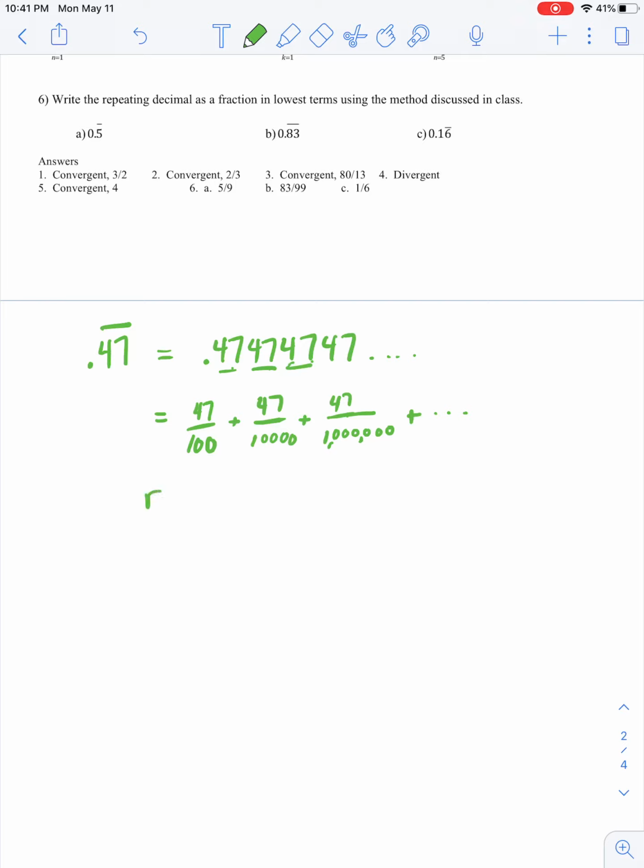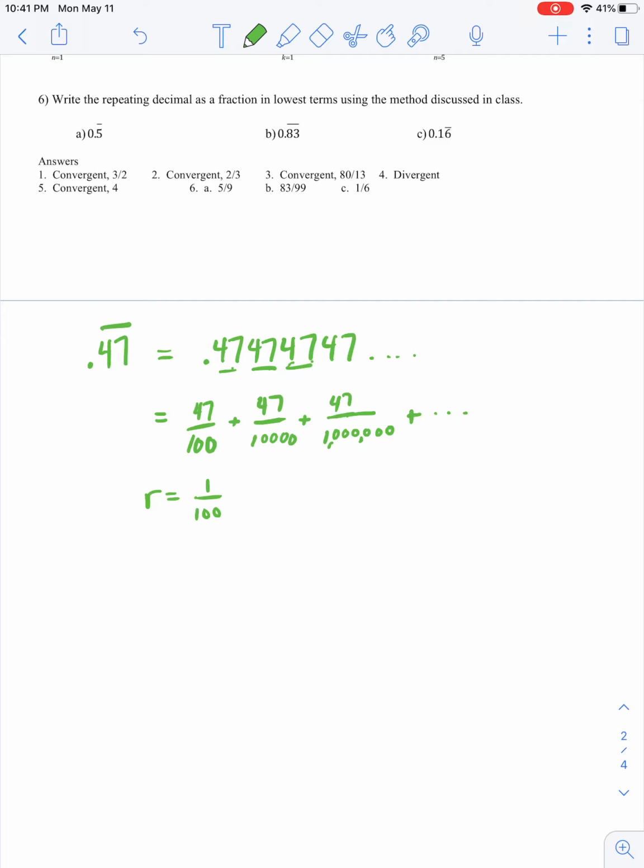So what's actually happening is I just have a ratio here of 1/100th, right? Every time I'm just multiplying by 1/100th. The numerator is staying the same, but the denominator is adding on 2 zeros, right?